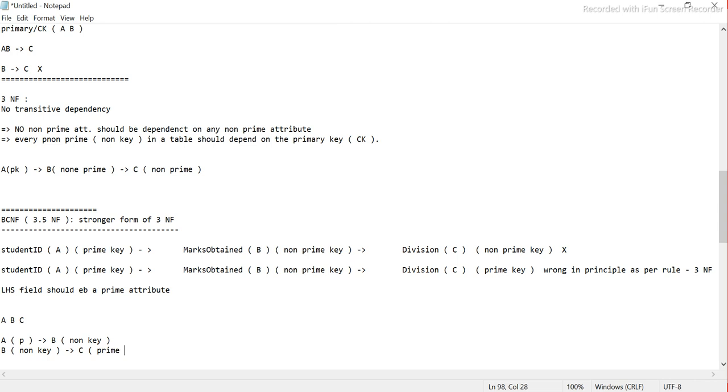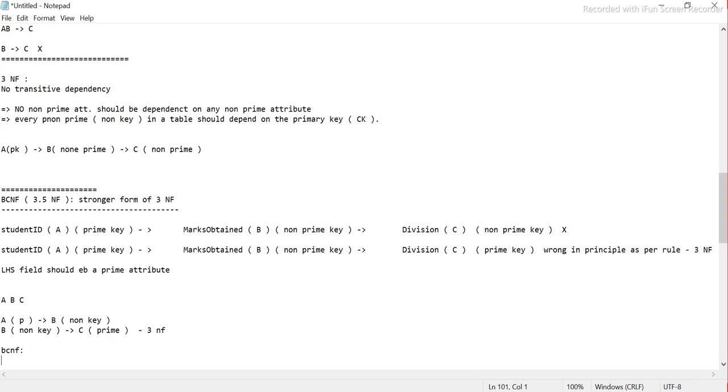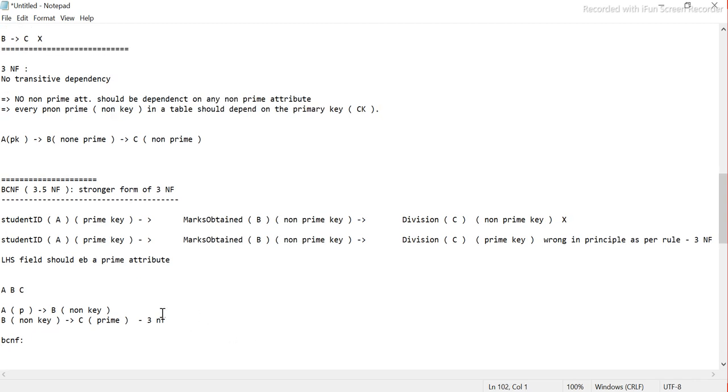I'm just taking an example. This kind of relation is allowed in 3NF. But in BCNF, we are actually not allowing this kind of situation.